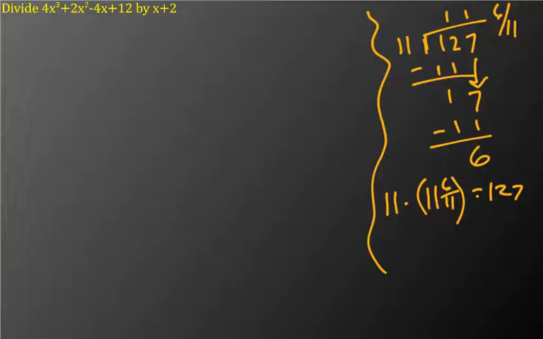So that's basically what we're going to do, but we're going to do it with symbols, with x's, rather than numbers. And then I'm going to show you a shortcut to doing this even easier. So let's just get into it. I'm going to set this up. I'm going to put 4x cubed plus 2x squared minus 4x plus 12 there. And then we're dividing it by x plus 2.